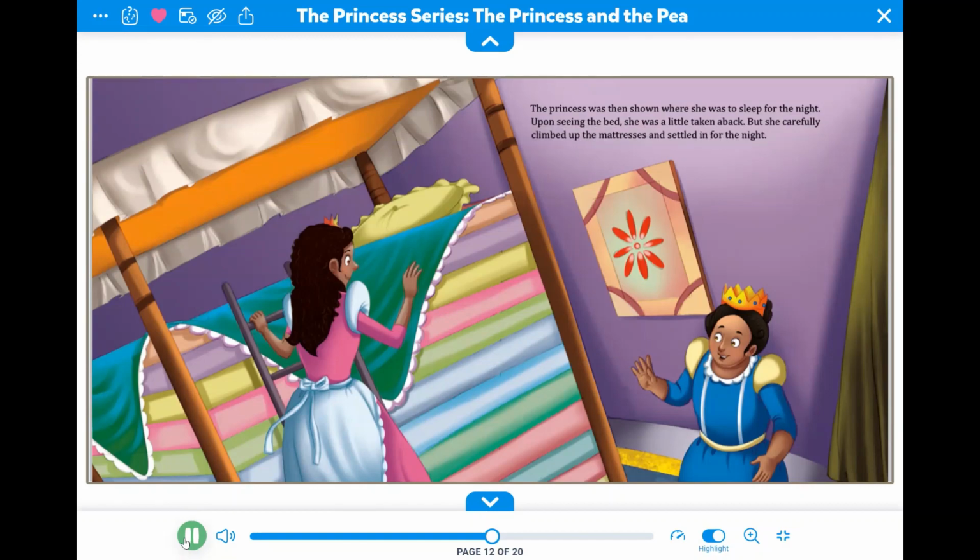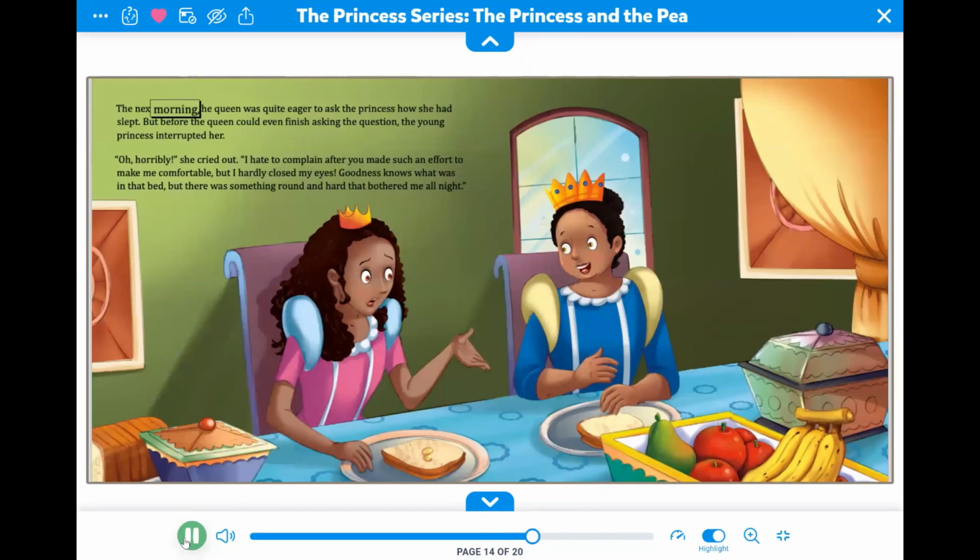for the night. The next morning, the queen was quite eager to ask the princess how she had slept. But before the queen could even finish asking the question, the young princess interrupted her. "Oh, Horribly, she cried out. I hate to complain after you made such an effort to make me comfortable, but I hardly closed my eyes.